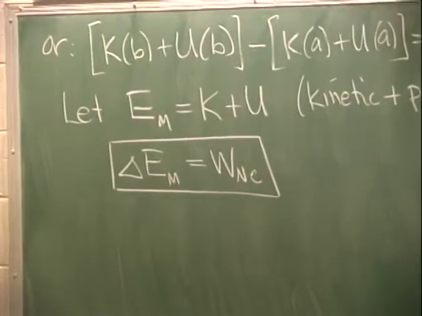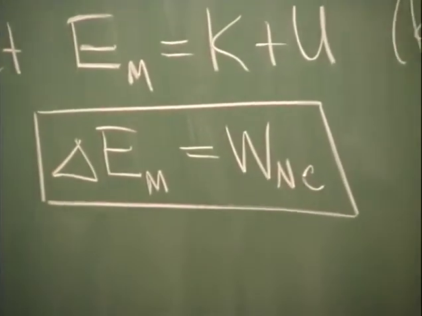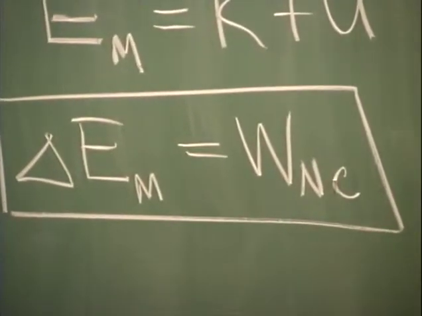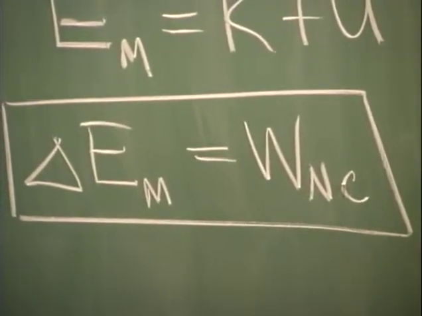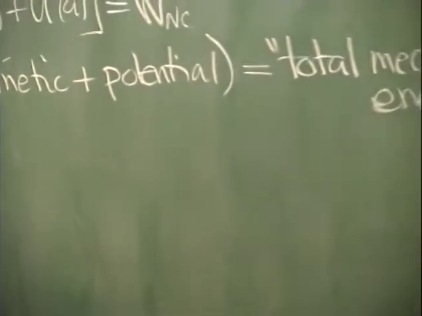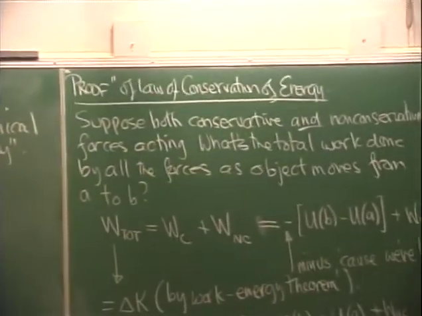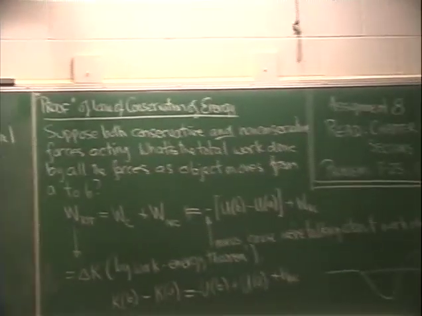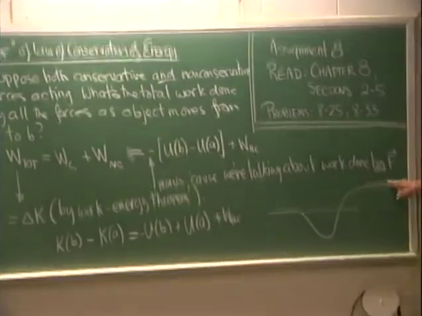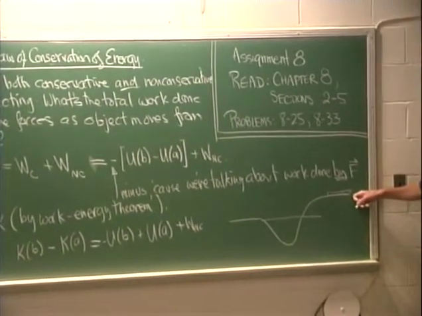You actually saw a beautiful example of this on the OWL, I think for Monday. Remember the problem where a cart is going along on a track that goes down a dip and then rises up some, and then it hits some gravel and comes to rest here. In that case, you had some kinetic energy at the beginning, some kinetic and potential energy up here. It was eventually delivered all into the form of heat by the non-conservative frictional force.